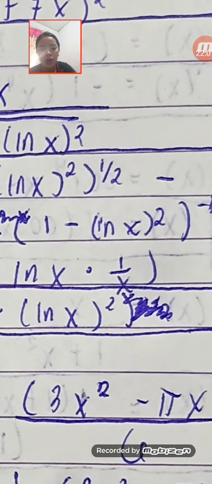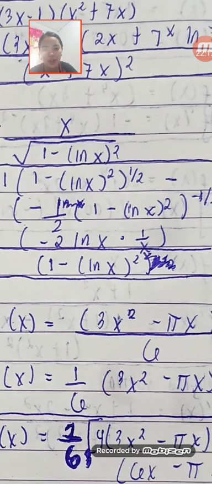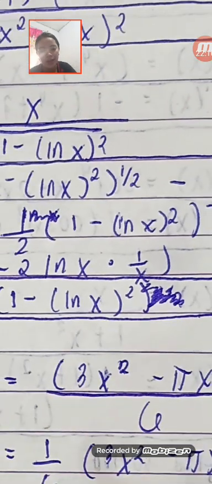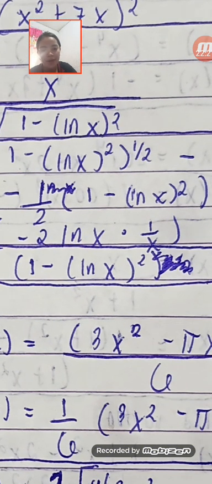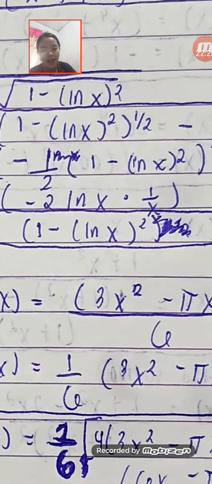So the derivative of 1 minus ln x squared is equal to what? Negative 2, because the exponent here will be going here. Negative 2 ln x multiplied by, again, the derivative of ln x is equal to 1 over x.